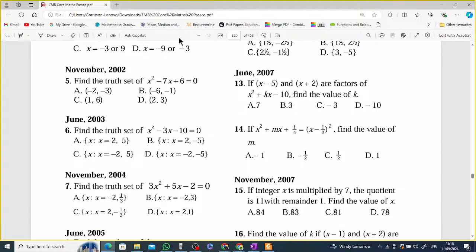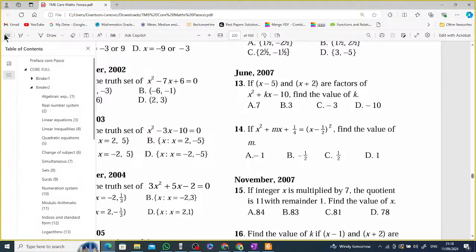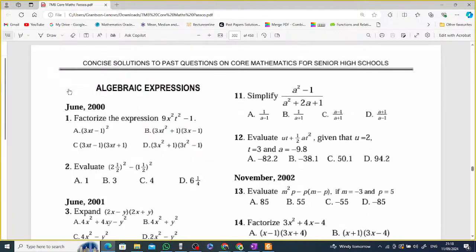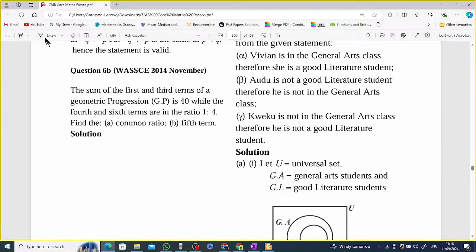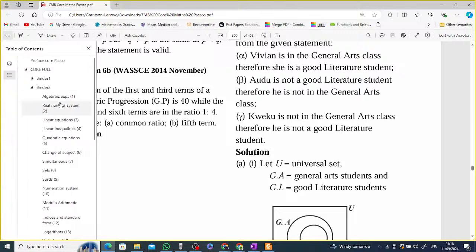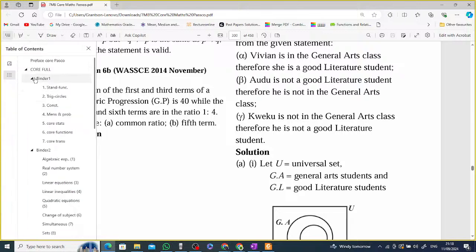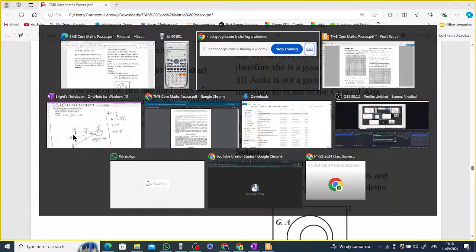So quadratic, I'm sure you are tight with it. But I'm looking for the quadratic graphs and I'm sure it will be under this section.